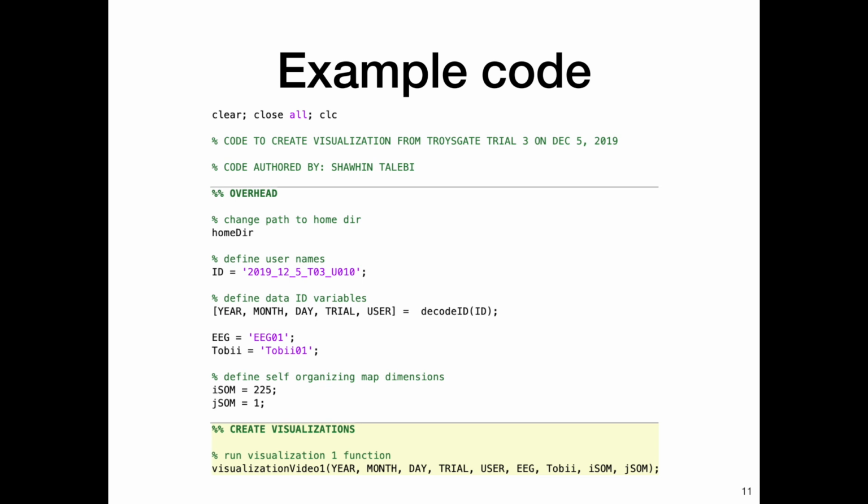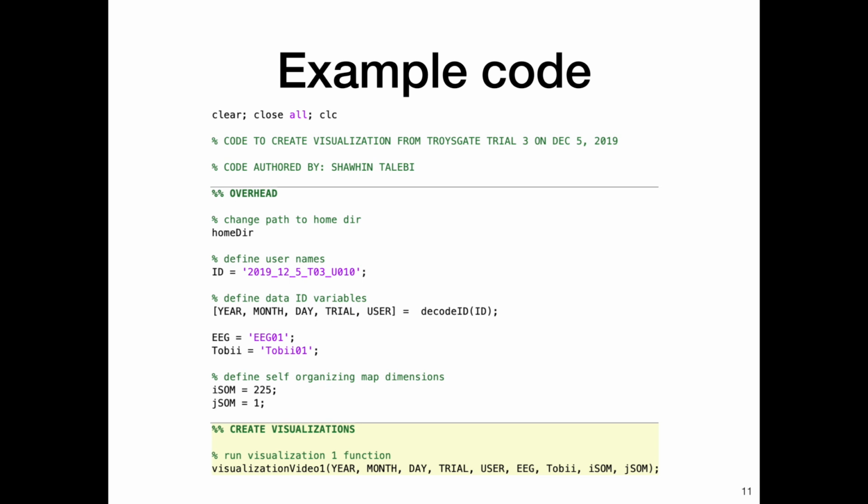Next, we define the dataset ID. Here we have 2019_12_5_T03_U010. Next, we can use the decode ID function to convert the ID string to input strings such as year, month, day, trial, and user.